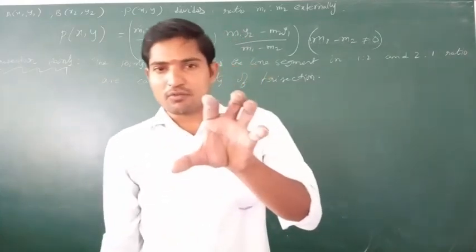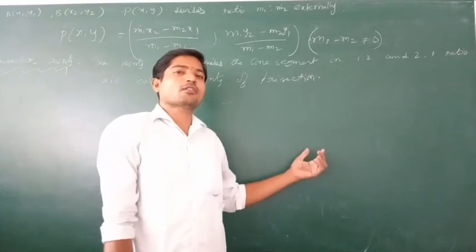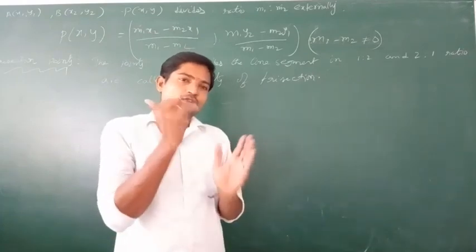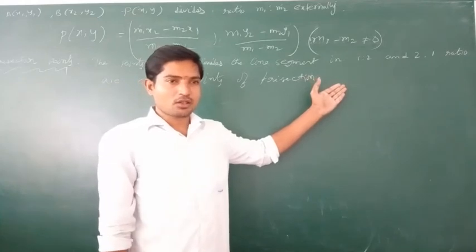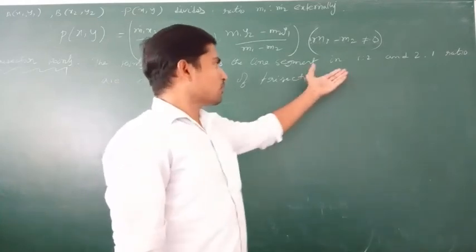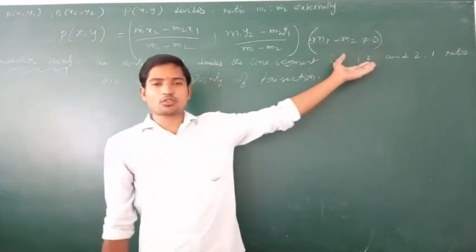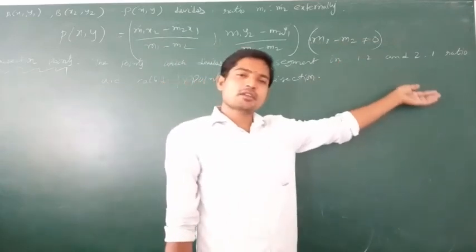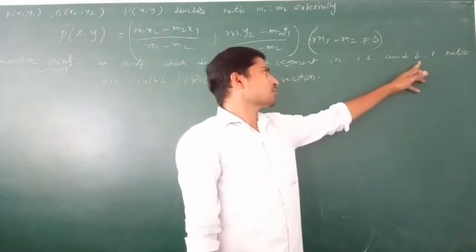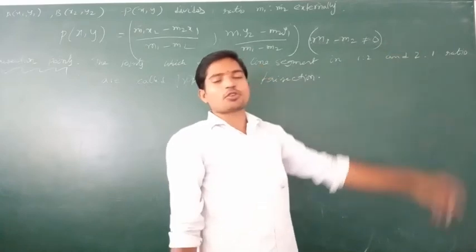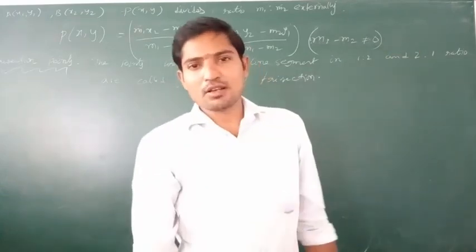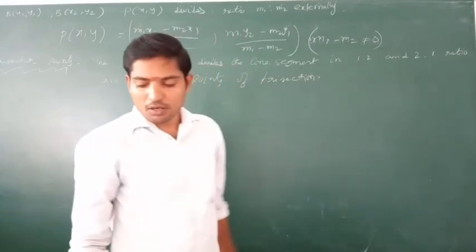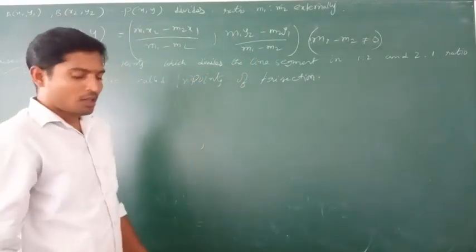Instead of m1 and m2, first write m1 as 2 and m2 as 1, and second m1 as 1 and m2 as 2. This is the internal division ratio, so internal formula only you should use.